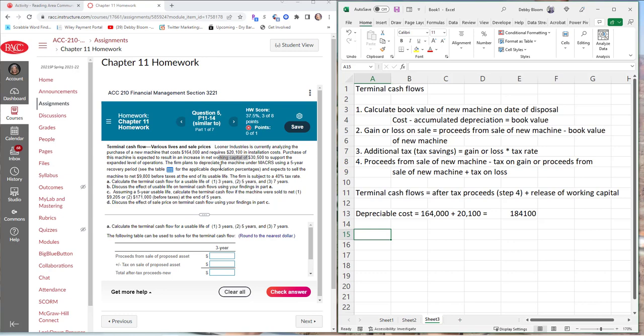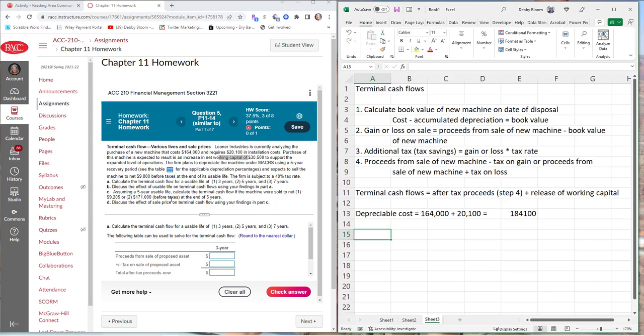The firm plans to depreciate the machine under MACRS using a 5-year recovery period for the applicable depreciation percentages, and expects to sell the machine to net $9,800 before taxes at the end of its usable life, and the firm is subject to a 40% tax rate.